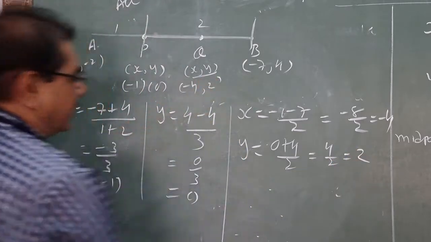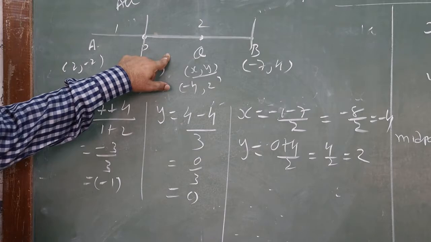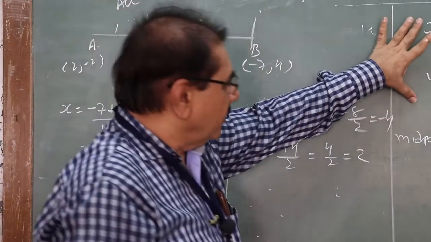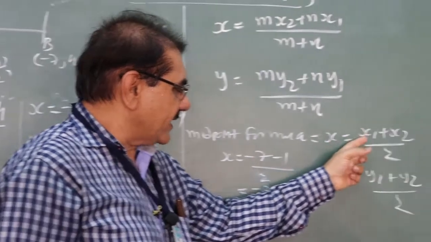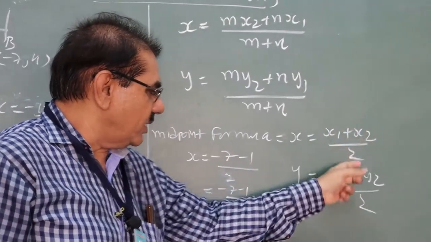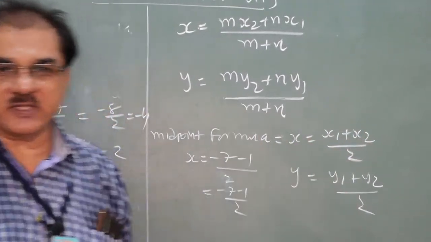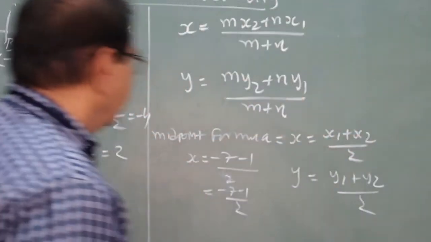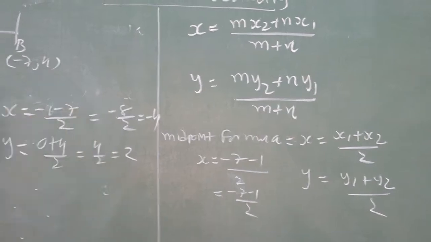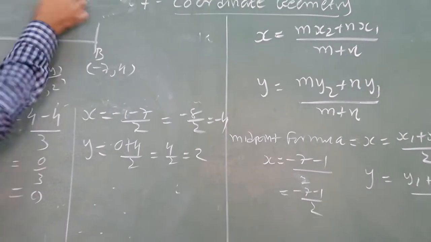So it is minus 4, 2. So when it is a midpoint of line segment, you should not go for this m and n formula, but you should use directly for x, x1 plus x2 whole upon 2, for y, y1 plus y2 whole upon 2. Okay. So this is how midpoint formula is developed. So one more formula is included in your list.